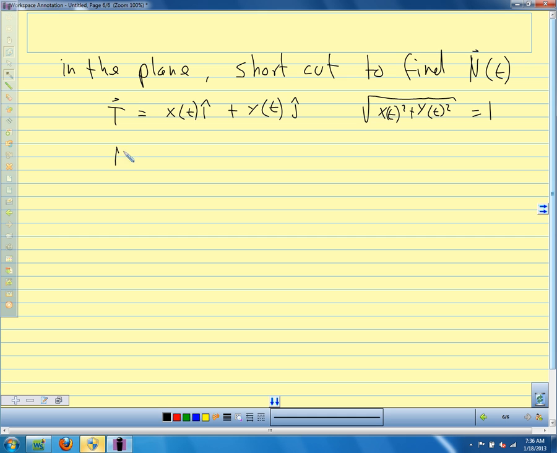So we'll say that n is orthogonal, so the slopes are negative reciprocals.